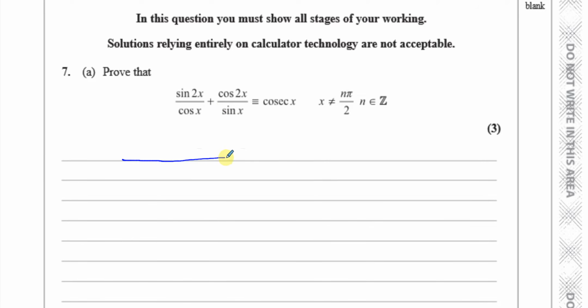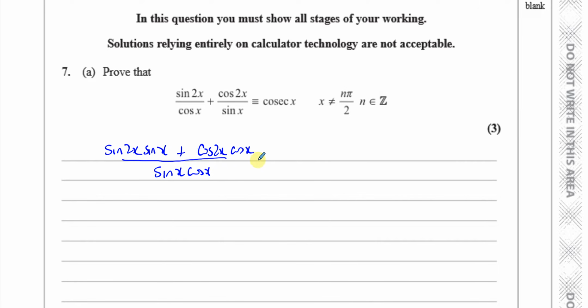I'm going to multiply both top and bottom by sine x, and in that case I get sine x times sine 2x, plus, and here I multiply both top and bottom by cosine x, and I end up with cosine 2x times cosine x.